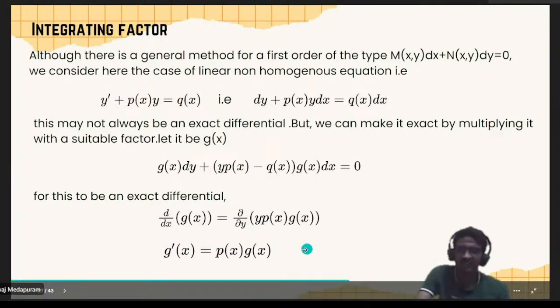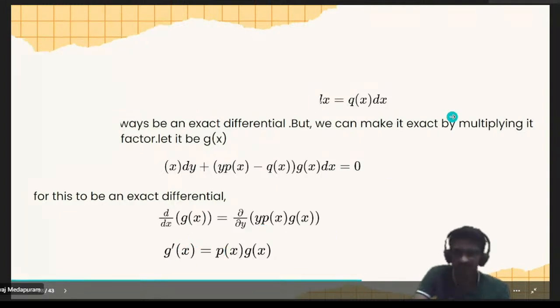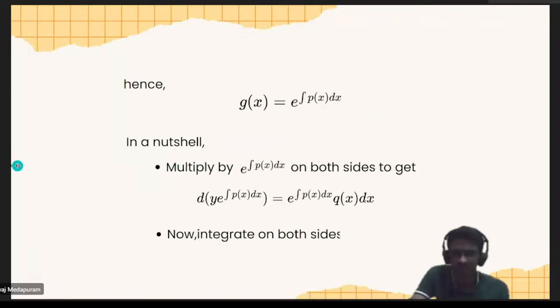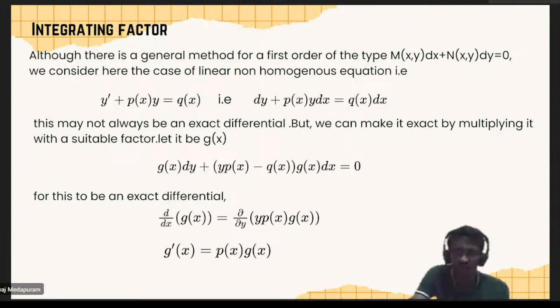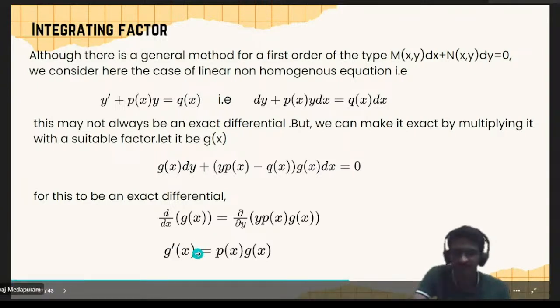So now we have obtained a variable separable equation. We can just separate out the terms and integrate on both sides to obtain g. There is no need to put a pen on paper to solve this.